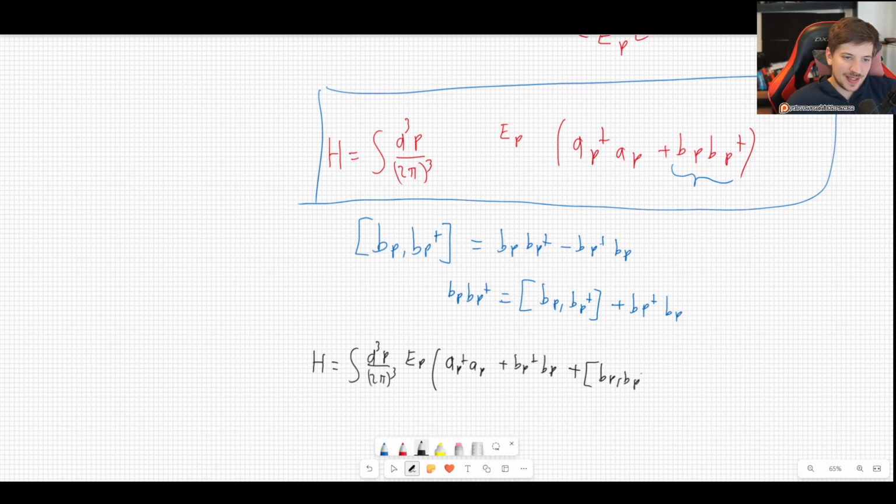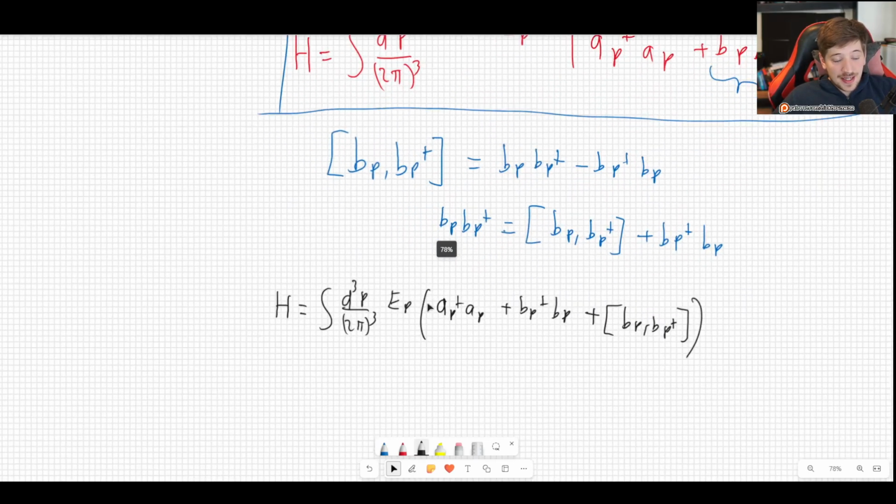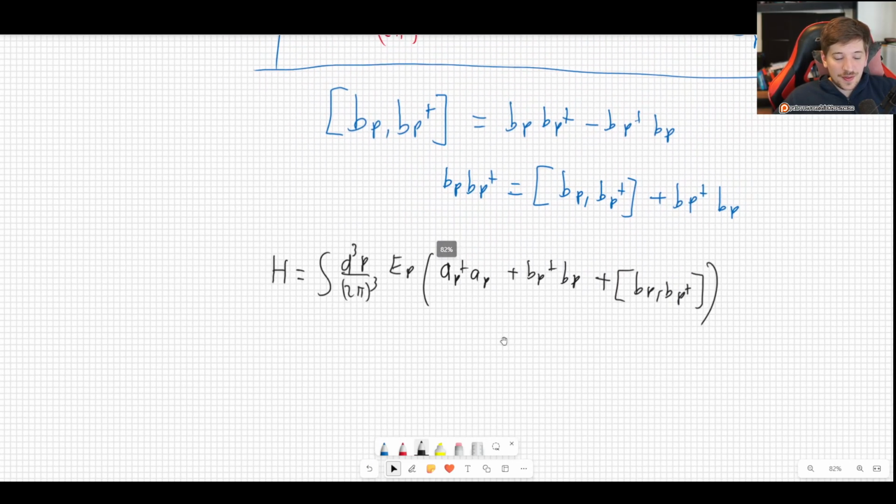Now this is a very similar thing to what we saw before in the case for the real Klein-Gordon field. And this is a bit problematic in principle because we now have an infinite term, right? We have this infinite term right there. That is what we're going to understand as the energy of the vacuum, right? And this is an infinite amount, but it is an infinite amount that we cannot measure.